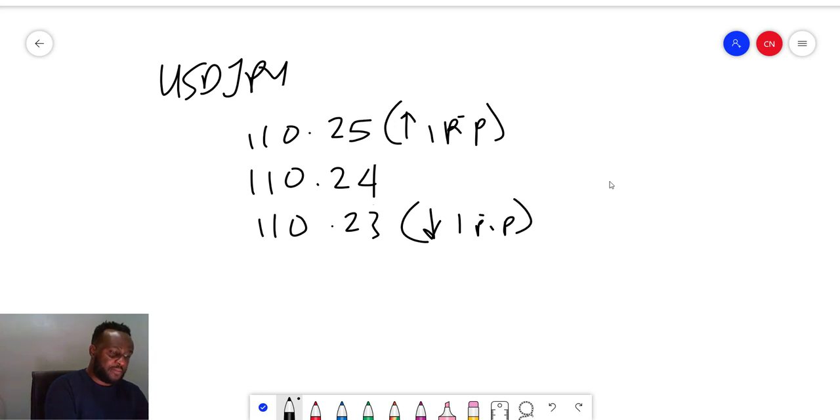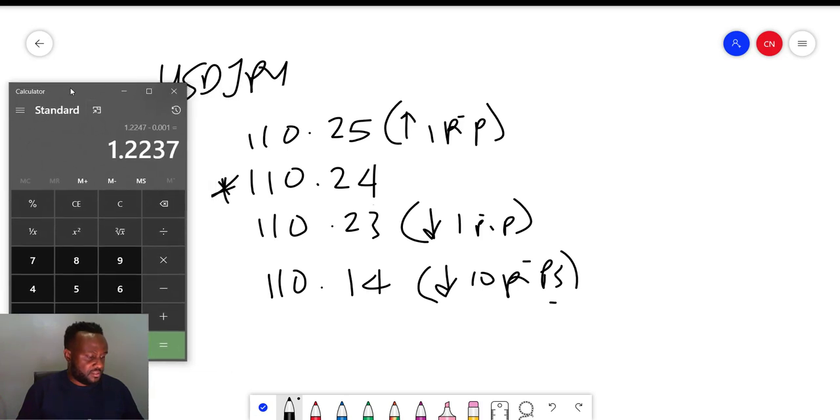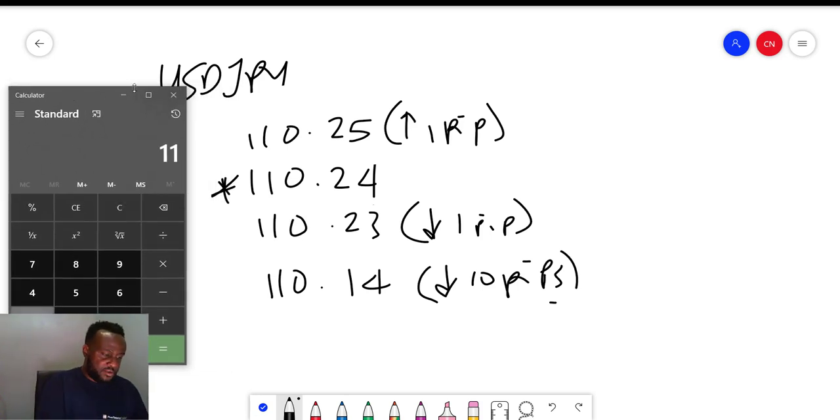If I do 10 pips from here, it will be 110.14. That is down 10 pips. And you could have used your calculator to do that without cracking your brain.